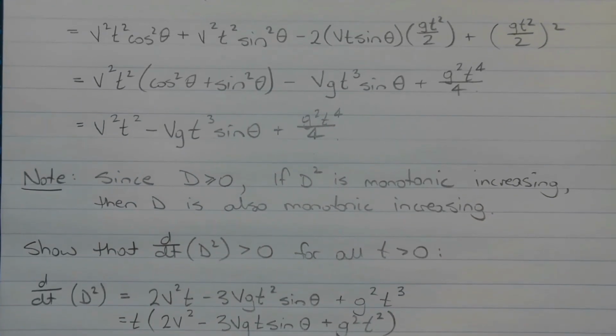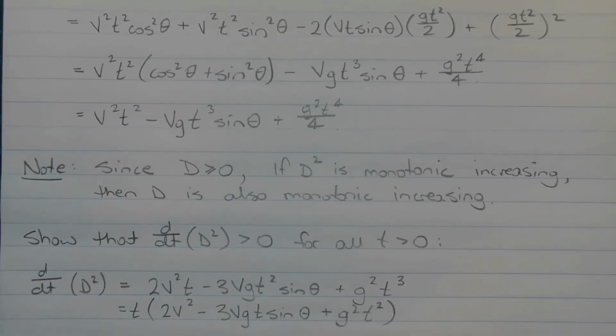So what we can do is to show that the derivative with respect to t of d squared is greater than 0. And if that's the case, then d itself, the rate of change of the distance with respect to time, is also going to be greater than 0 for all t greater than 0.